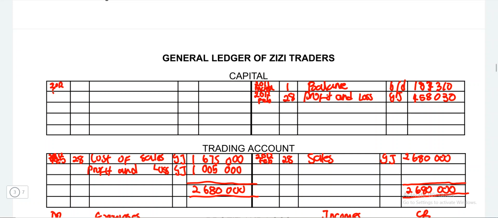So remember what we are going to do on 2012 February the 28th, we are going to have drawings this side because they must be closed off to capital. So this is from the general journal, and then the amount is 108,000, and then from there you close this, you get the total.